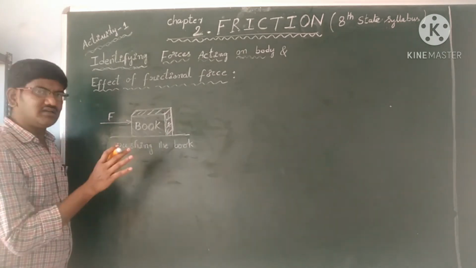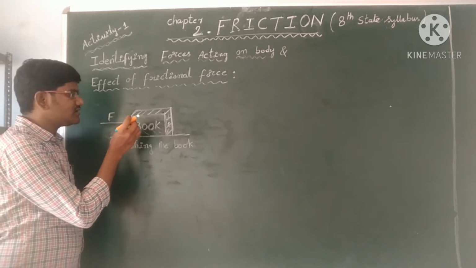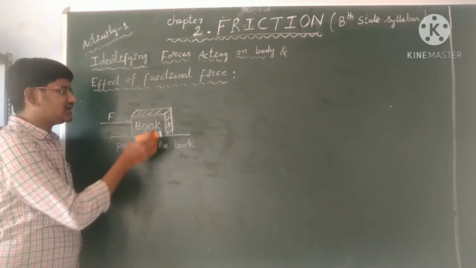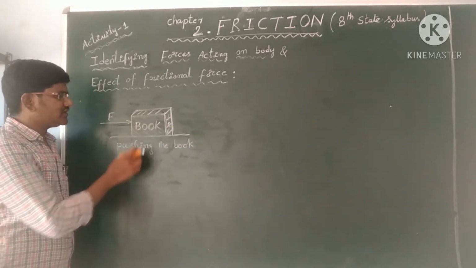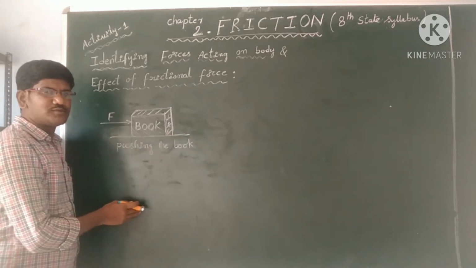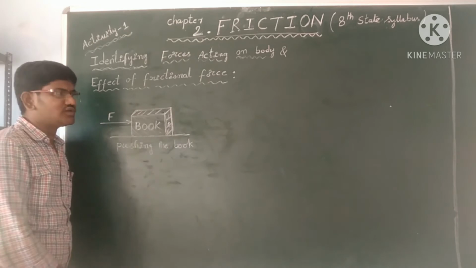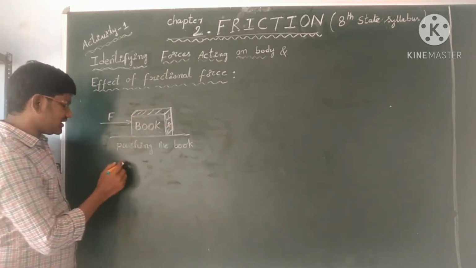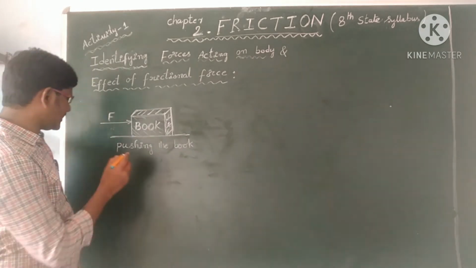We observe that the book acquires a certain speed and it comes to rest after covering some short distance, and while it is moving we observe that its speed goes on decreasing. So we write here the book is acquiring a certain speed and the speed goes on decreasing.